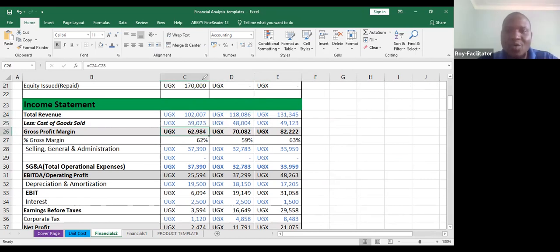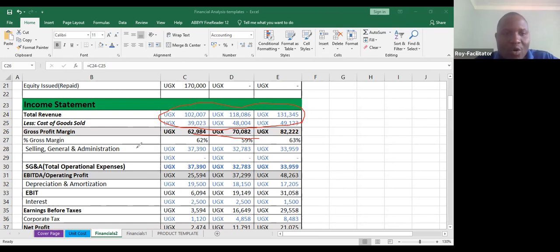So the assumption is you have your revenue of your previous years, whether it's 1, 2, or 3, that's up to you. Then that will help us generate the gross profit margin. Then, as you can see in black, you are not touching, you are just feeding. Where it is blue, you replace with your actual numbers, okay? And it will compute, okay?